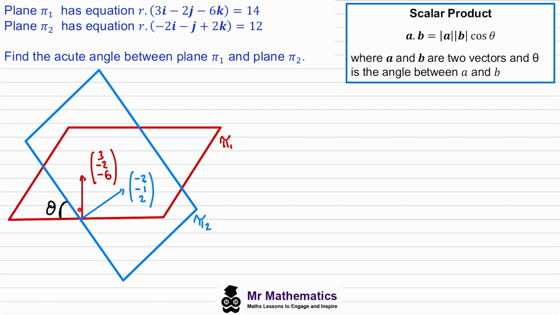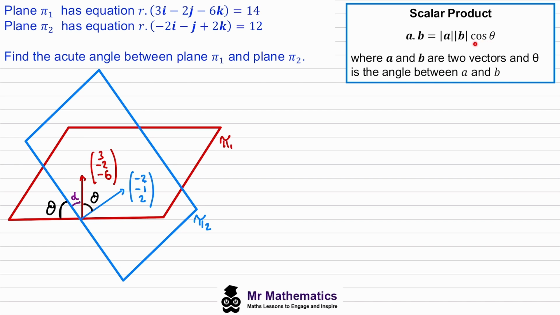And you can see that this is a right angle. So we'll call this alpha. And then we know that alpha plus theta will be 90 degrees. We also know that this angle is perpendicular, which means this one would also be theta. So to work out the angle between the two planes, we just need to work out the angle between the two normal vectors.